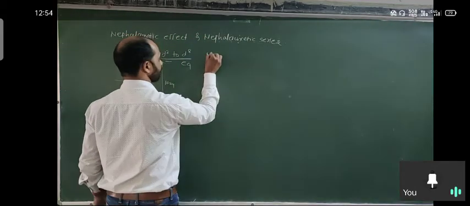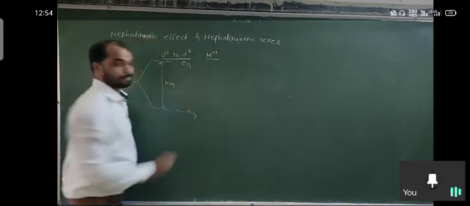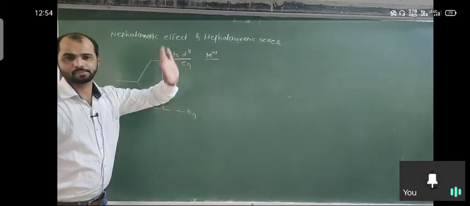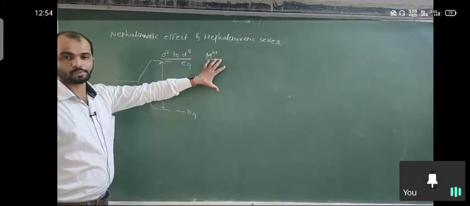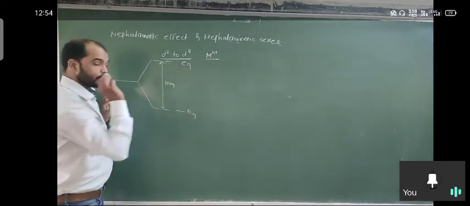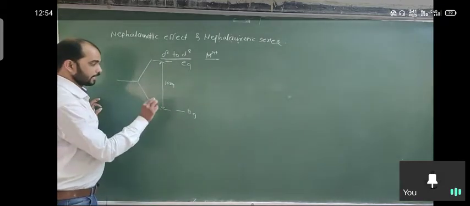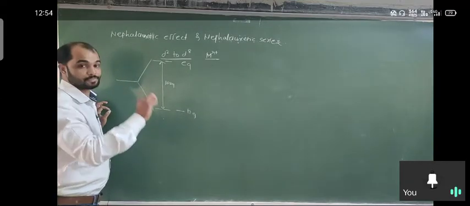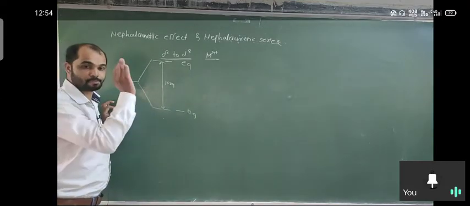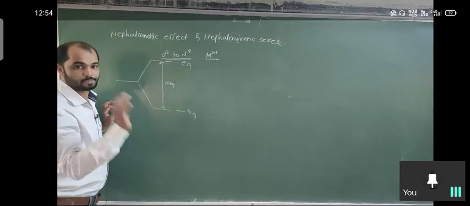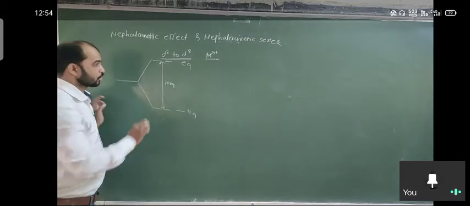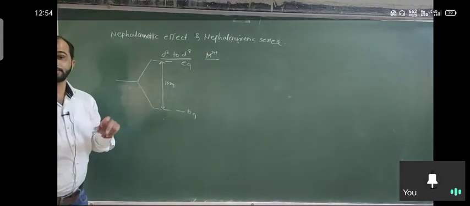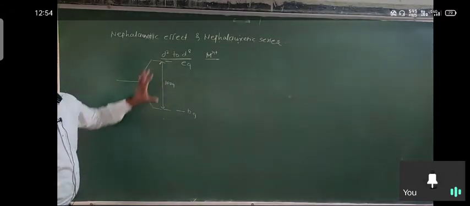in a complex and in a free ionic gaseous state, if a metal ion is considered with an n+ oxidation state, suppose +1, +2, +3, where +3 is a common oxidation state, then according to CFT it is assumed that the metal ion, whether in a complex or in a free gaseous state, shows the same energy difference between the two energy levels.